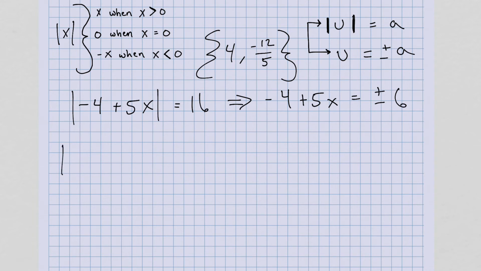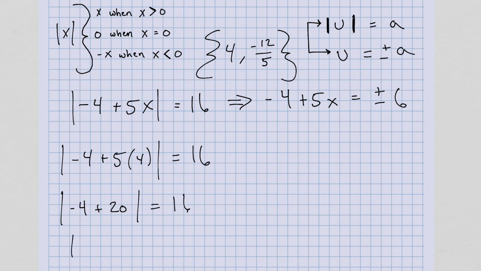We have the absolute value of negative 4 plus 5 times 4 equals 16. That means the absolute value of 20 equals 16... wait, negative 4 plus 5 times 4 is 16, so we have the absolute value of 16 equals 16.